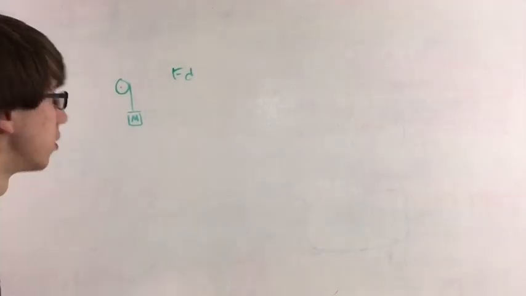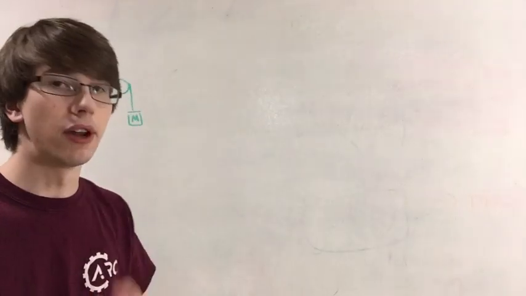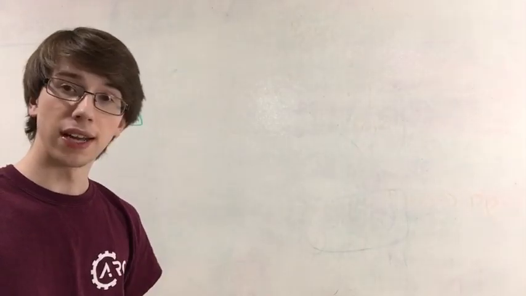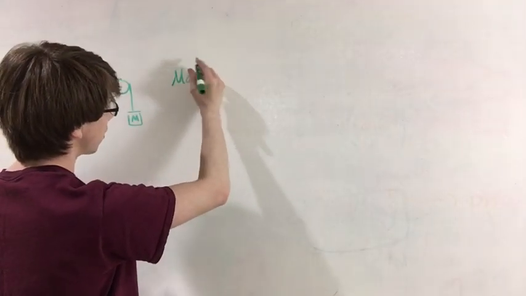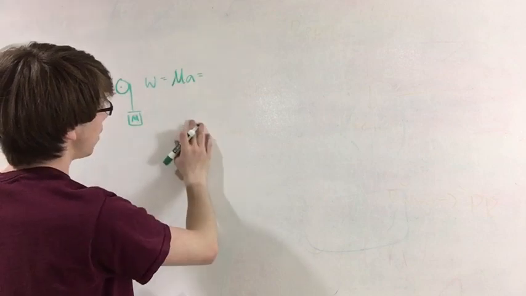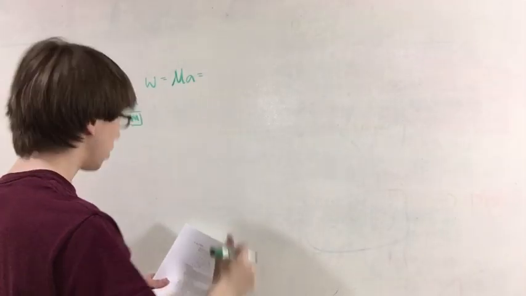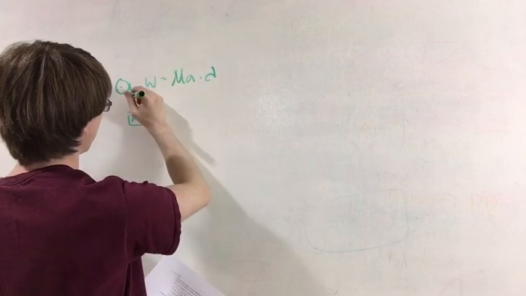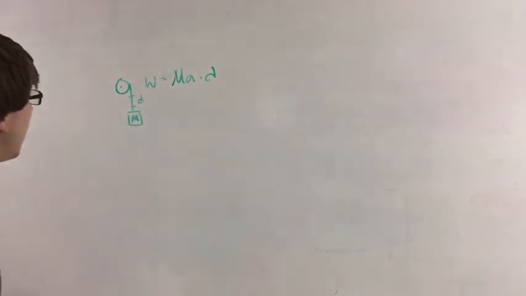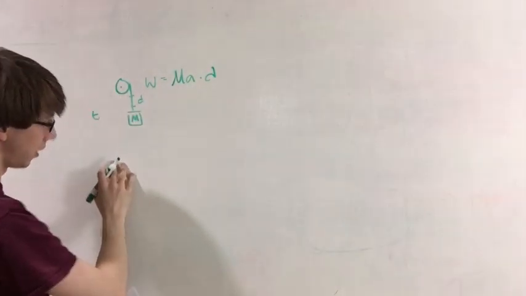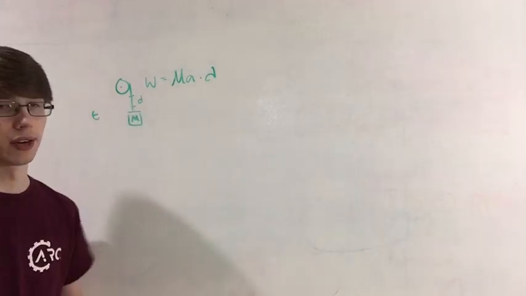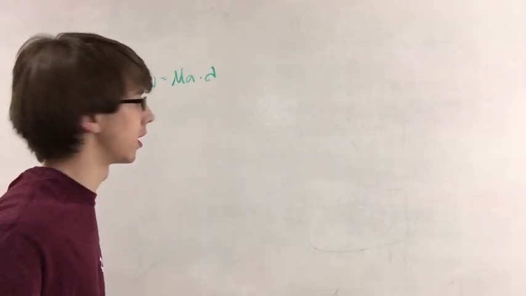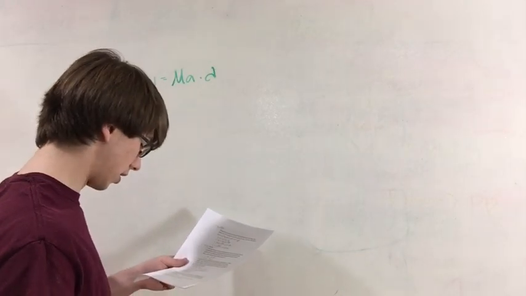Well, that's the net force. That's T minus mg. We don't know what T minus mg is, but we know that net force, based off of what we learned last unit, Newton's laws, is equal to the mass times the acceleration. So that's going to be ma, so your work is equal to ma times the distance traveled, which is d. And it did that within a span of time t. It starts at rest, so you know your velocity is changing. That automatically tells you that it's not at a constant velocity either.